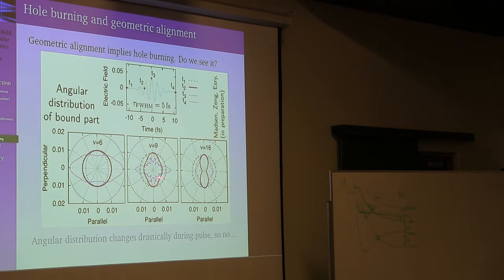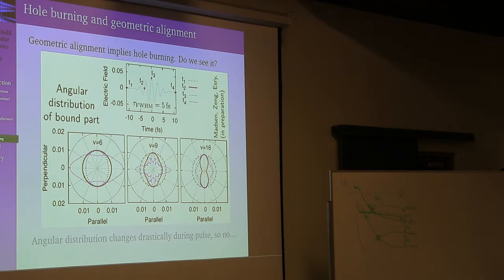Now in V equals 9, you can see that there is a deficit along there for the red one at T2. So a little bit of the things along that direction did get dissociated, but it quickly recovered to fill that out, okay?